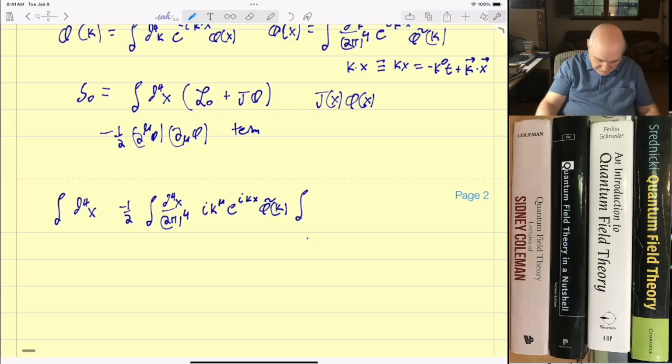And then we'll have an integral. I made a mistake here. The integral d^4k prime over (2 pi)^4 i k prime_mu phi tilde of k prime e^{ik'x}.